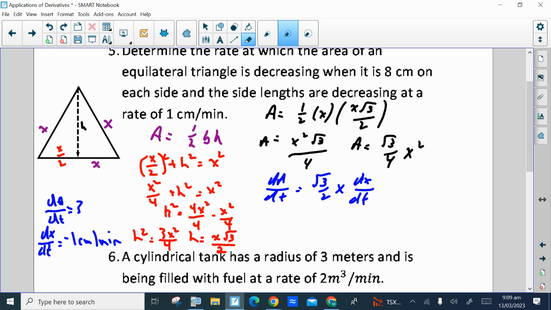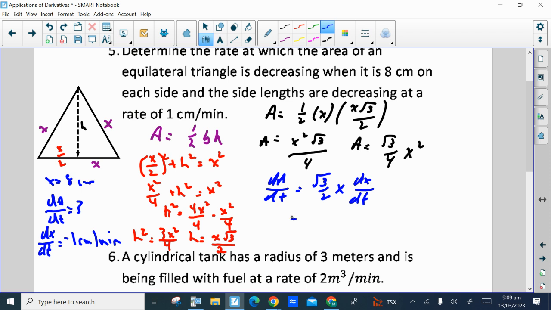But when we want to find out what x is, in this case here, that would be 8. It is 8 centimeters on a side. Yeah, I'm sorry, so that was correct. So that will be the value of x. So we could have written that here as well. x will equal 8 centimeters.